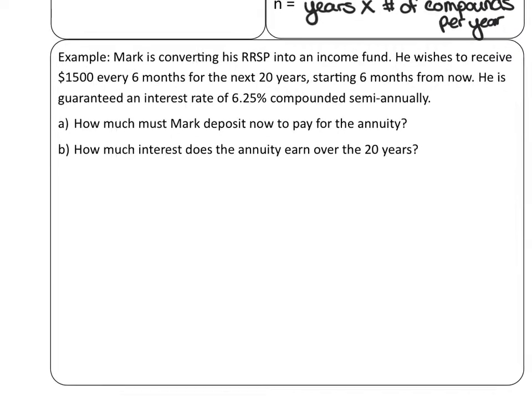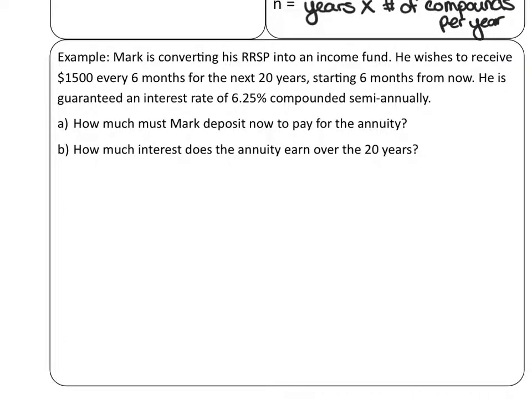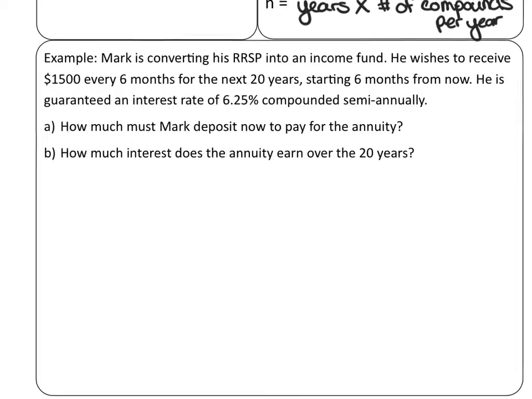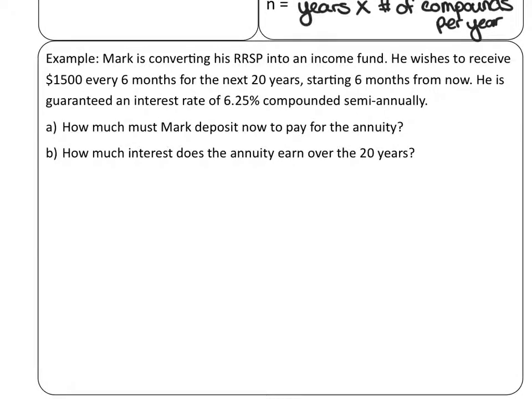So Mark is converting his RRSP into an income fund. He's been saving and now he wants to start withdrawing it. He wishes to receive $1,500 every 6 months for the next 20 years, starting 6 months from now. He's guaranteed an interest rate of 6.25% compounded semi-annually.